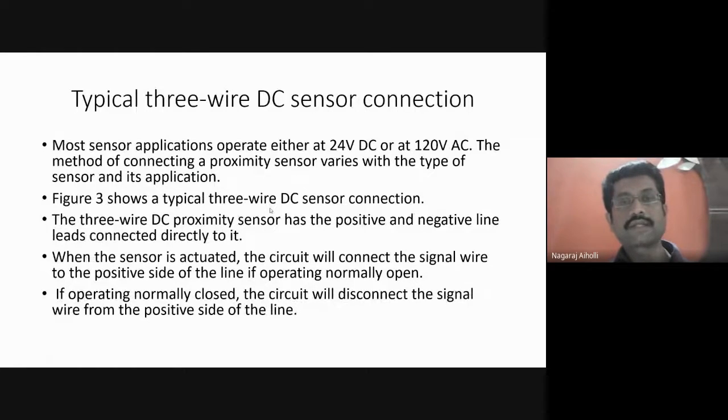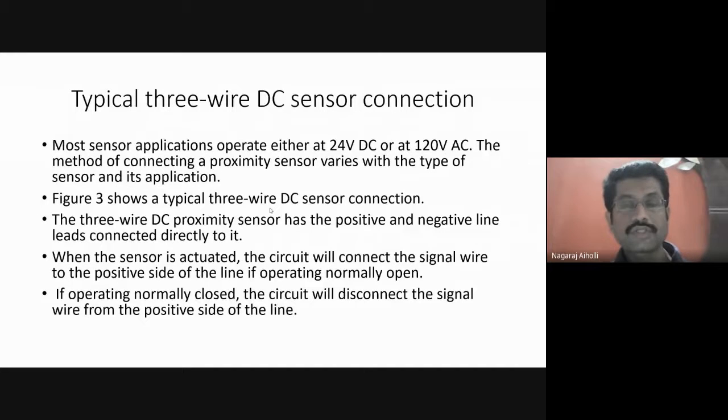Majority of the sensor applications operate at 24-volt DC or 120-volt AC. The sensors that we are studying here usually operate at a 24-volt DC signal or at a 120-volt AC signal. The method of connecting a proximity sensor depends on the type of sensor and the type of application.